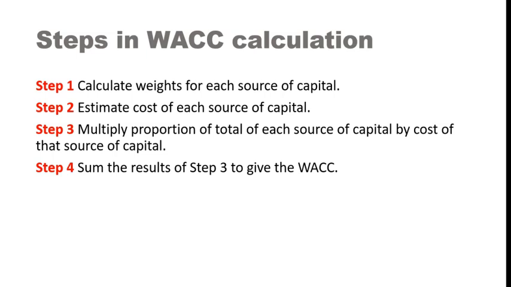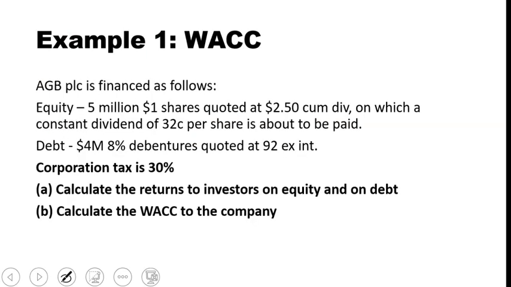Step number 1, you need to calculate the weights for each source of capital and then estimate the cost of each source of capital, and then multiply the proportion of total of each source of capital by the cost of that source of capital. Then sum the results of step 3 to give you the WACC. Okay, now we've got this example which we need to master.